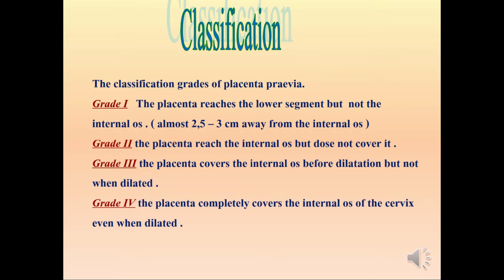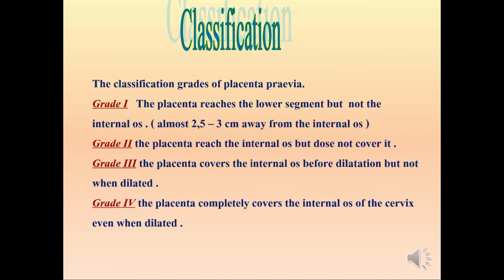We classify placenta previa into two classifications. Grade 1, the placenta reaches the lower segment but not the internal os, about 2.5 to 3 cm away from the internal os. Grade 2, the placenta reaches the internal os but does not cover it.